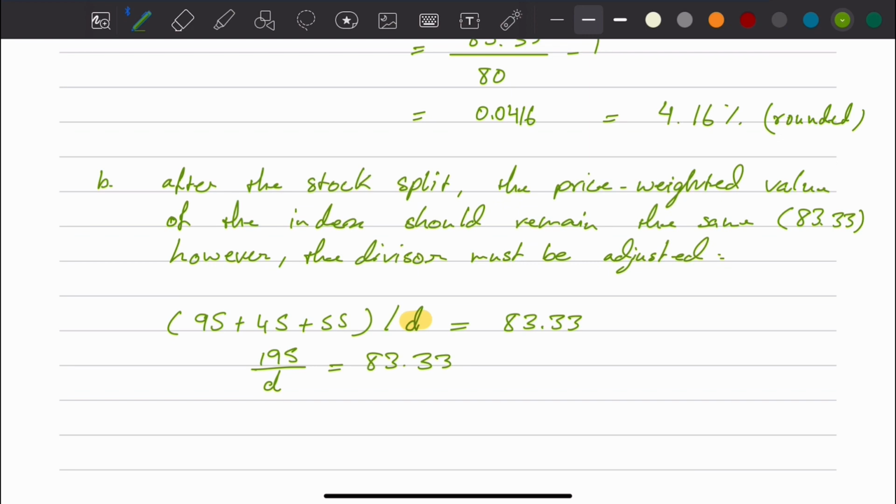Now, we want to keep D on its own on one side of the equation and the remaining numbers on the other side.